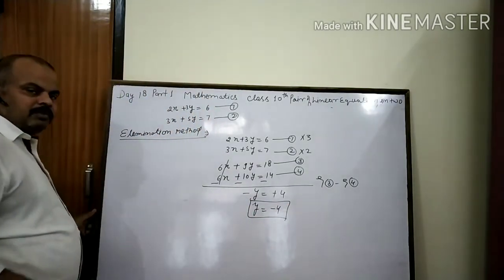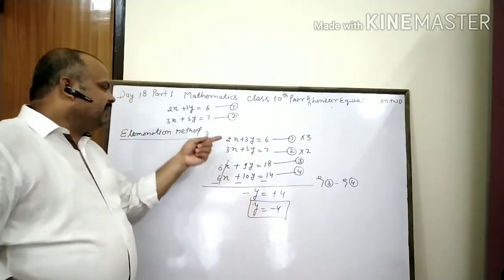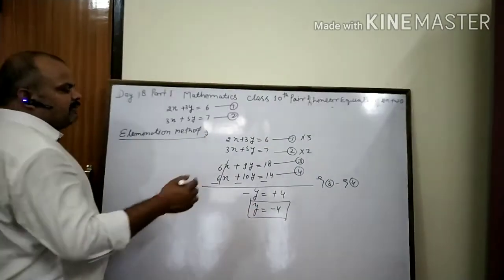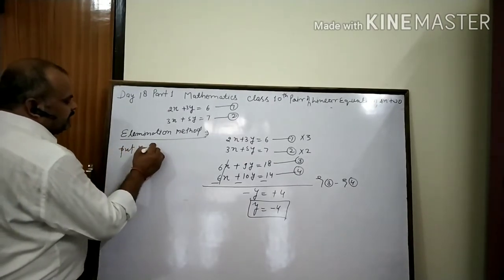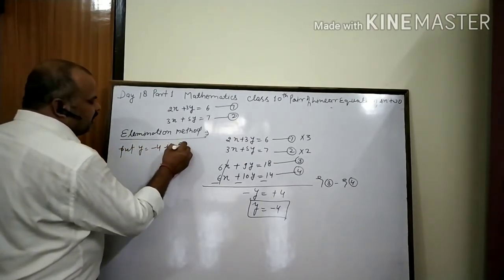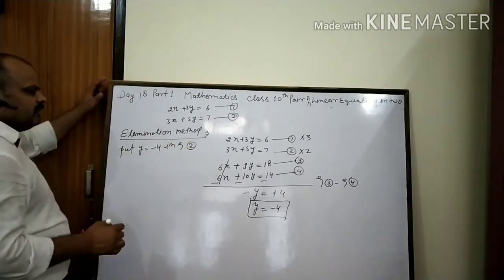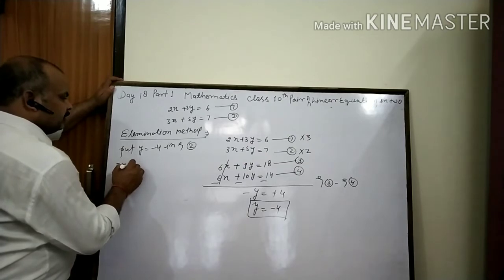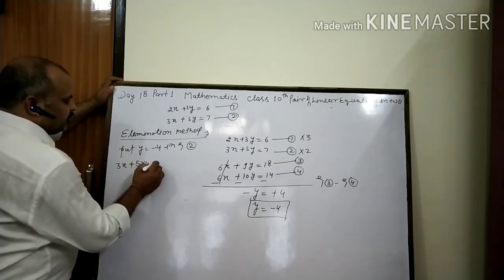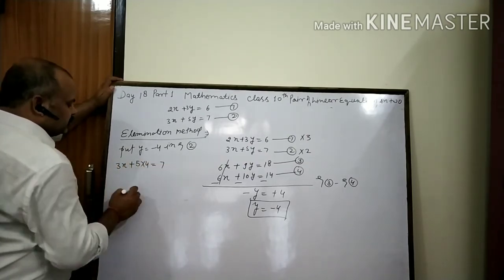Clear? Put this value of y in any of equations 1, 2, 3 and 4. Here you can write: put y is equal to minus 4 in equation 2. Then 3x plus 5 into minus 4 is equal to 7.